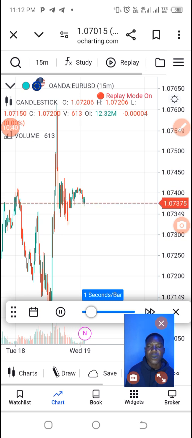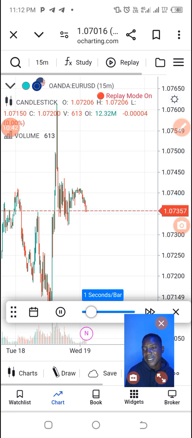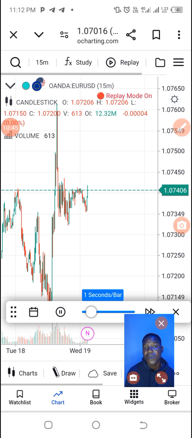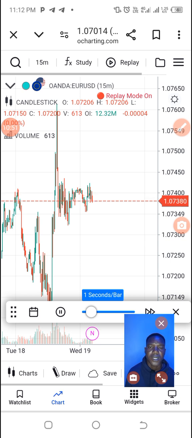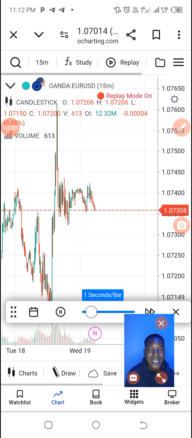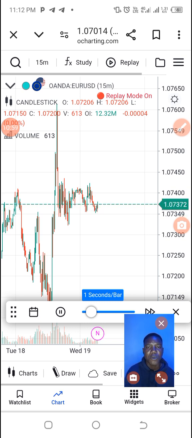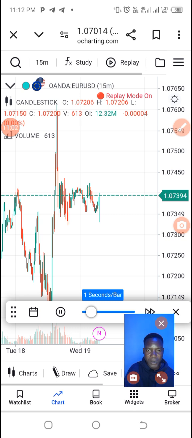So, well, I was in for a sell, and I just remained there because I knew it was going to go down. Okay, so all these were just happening. Why were they happening? Liquidity. It was trying to accumulate liquidity.